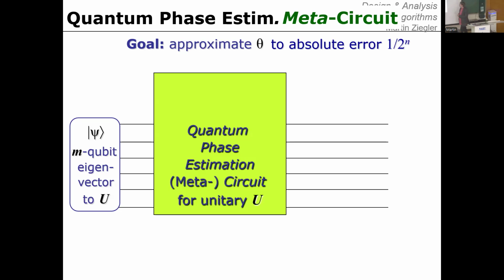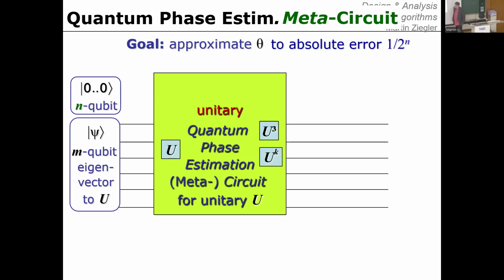But we can only output and input integers, right? As qubit states. So instead, we scale theta, move the n bits in front of the binary point, and then round it. So here the quantum phase estimation meta circuit makes subroutine calls to U and to powers of U. It in turn must be unitary.